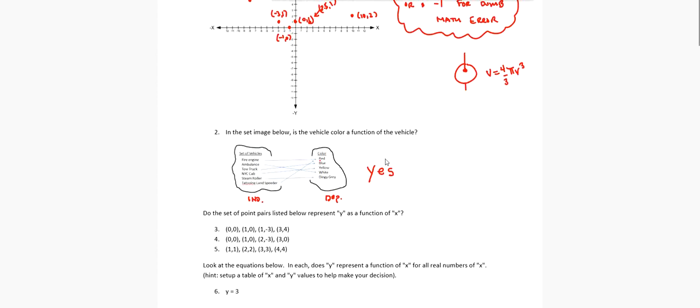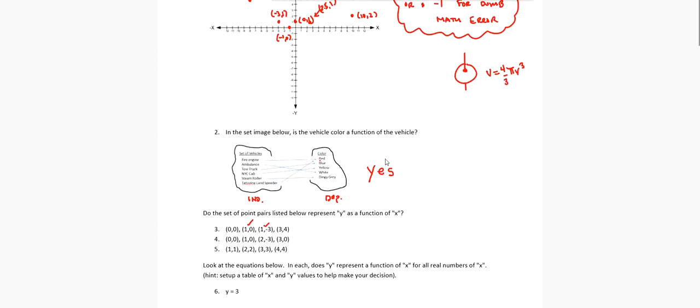Do the sets of point pairs listed below represent y as a function of x? Well, that means for every x value, there's only one y value. So the first one we have a 0. 0 produces a 0. 1 produces a 0. Again, this is a situation where we have the same y value repeat, but still it's the x value that we only have one value for. And then 1, minus 3. Okay, well, here's a problem.